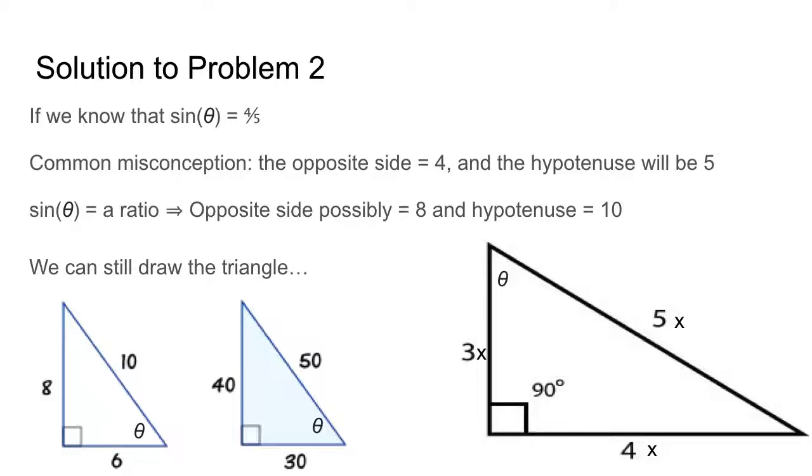But sine is only a ratio, so the opposite side could possibly be 8 and the hypotenuse could possibly be 10. But we can still draw out the triangle in terms of its shape, but not necessarily its scale.